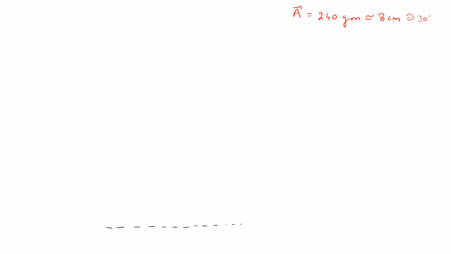So I'll take this vector on this axis, and this angle is my 30 degrees. This is my A vector, which is actually 240 grams, but according to our scale, you're going to choose it as 8 centimeter on your graph paper.